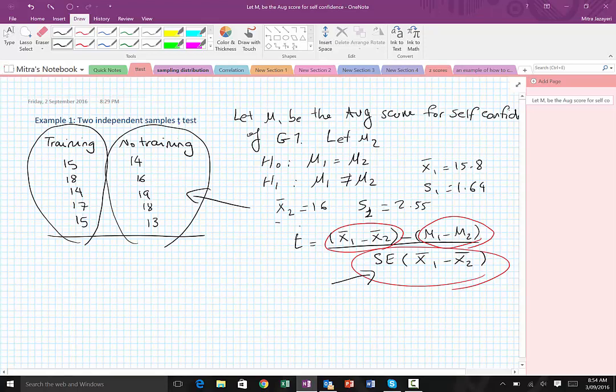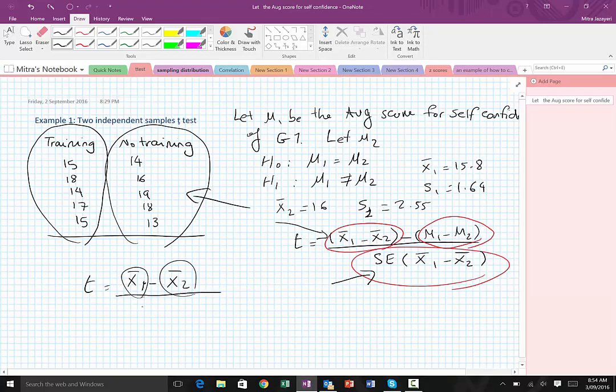In here, the numerator of the t statistic, so when we say t is equal to x bar 1 minus x bar 2, measures how much difference actually exists between the two sample means, including any difference caused by the different treatments.